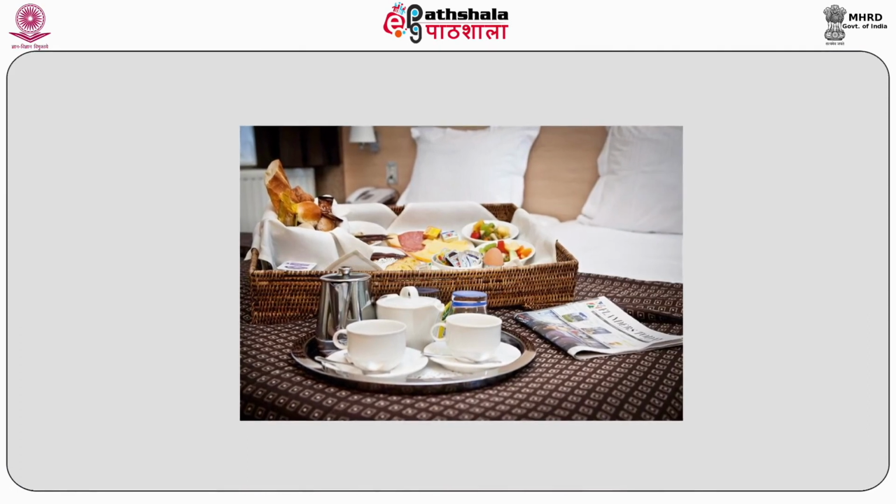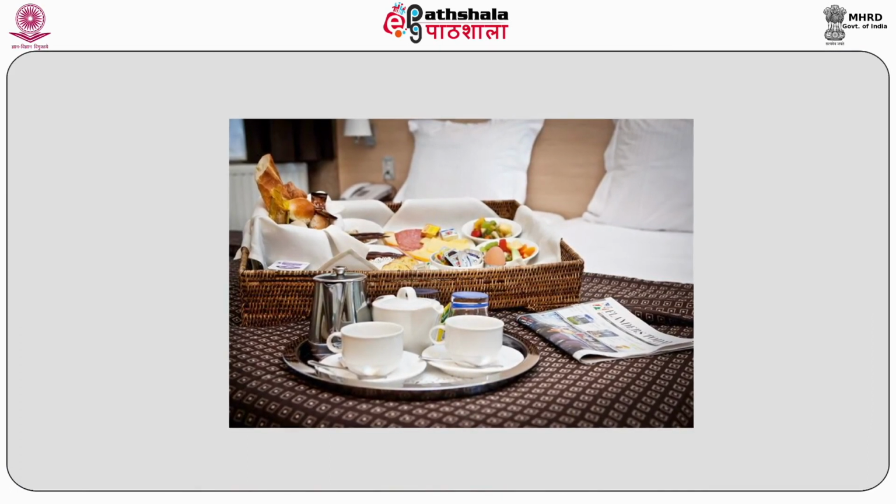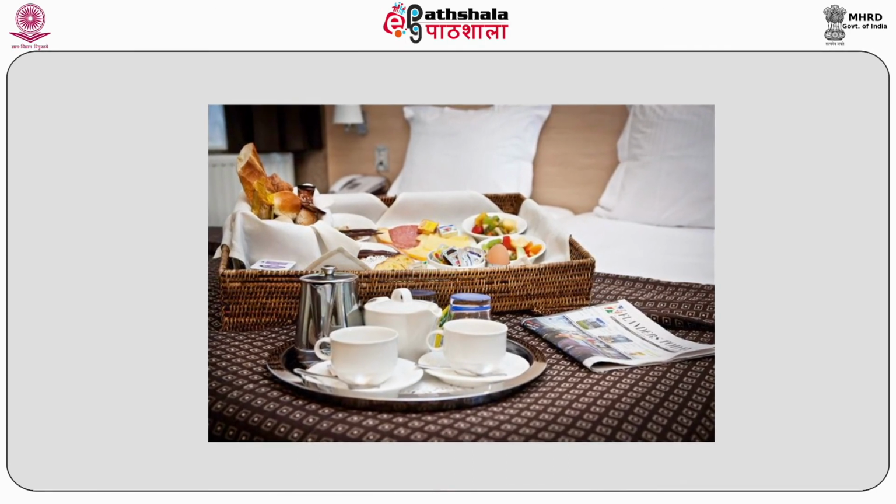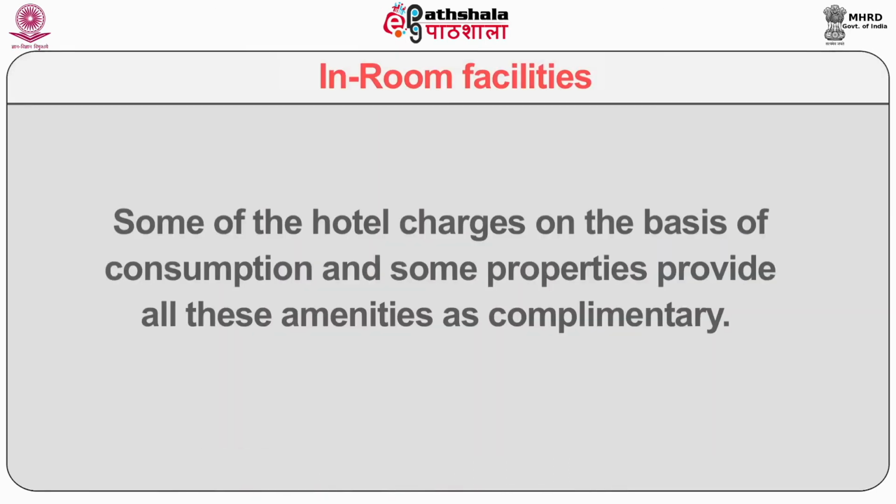Nowadays, it's common to have a tea and coffee dispenser along with a tea and coffee kit including tea bags, sugar sachets, coffee sachets, whiteners, teacups and saucers, teaspoons, and even chocolates, wafers, cashew nuts, pistachio nuts, and roasted almonds are also placed in guest rooms. Some hotels charge on the basis of consumption and some properties give it complimentary.